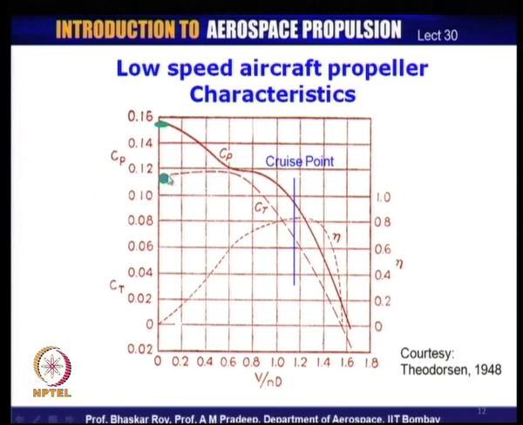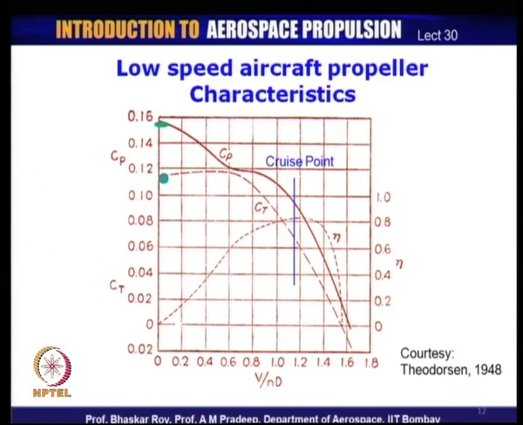On the other hand, when you are taking off, you would be somewhere near 0 of advance ratio, and you would be using near about maximum power to create near about maximum thrust. You would probably need to create good thrust during the climb operation of the aircraft. And then of course, during cruise you come down to lower thrust and lower power requirements, where you have very high efficiency of the propeller.